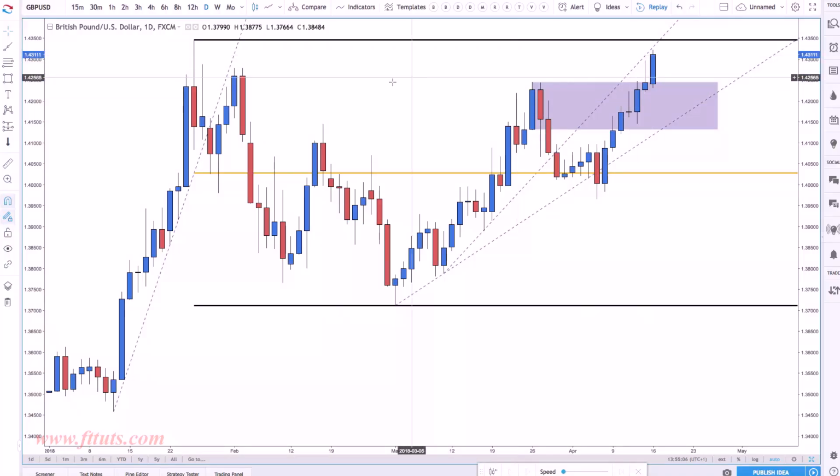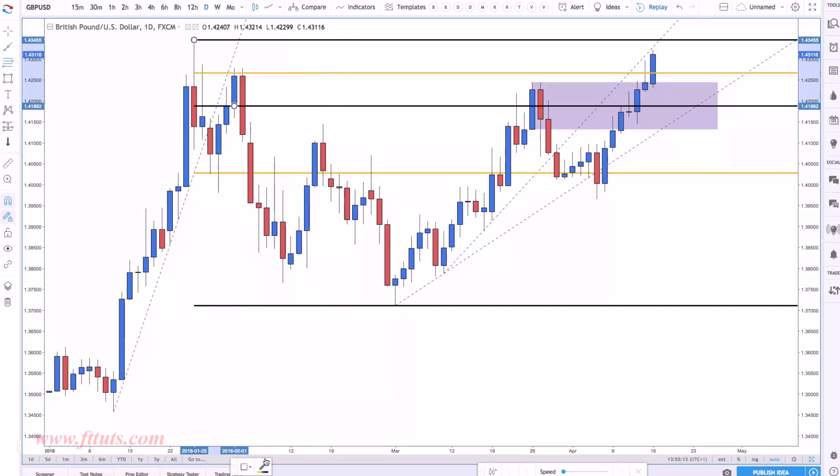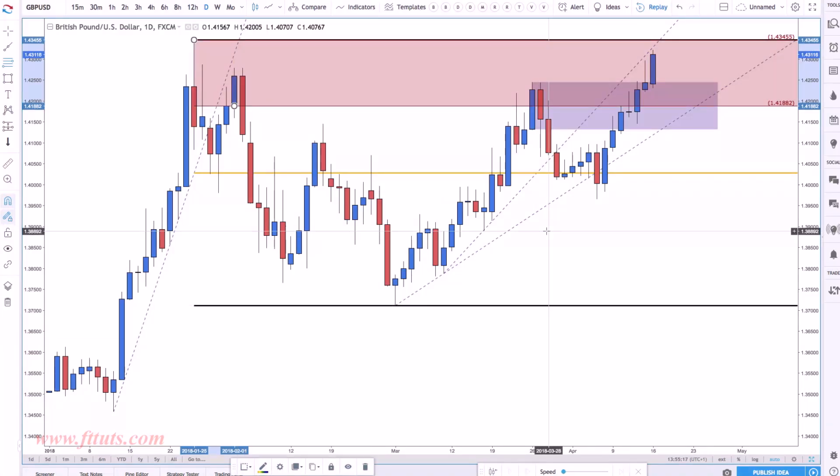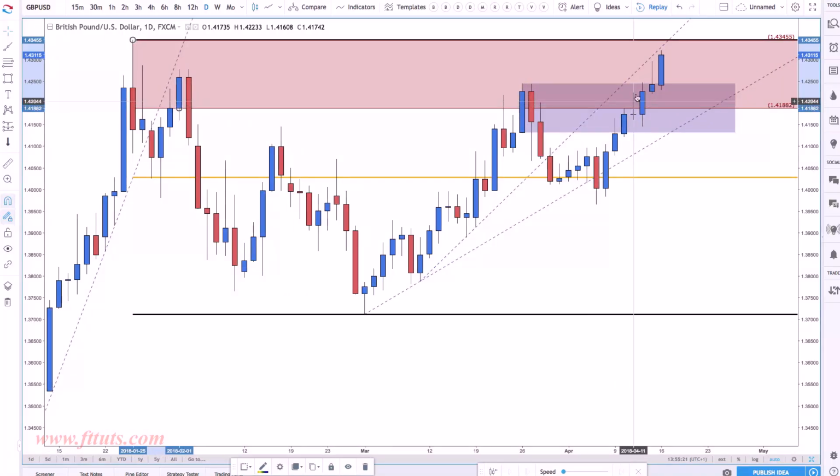Really, if you're trying to get short, this is the high of the immediate range or the overall range, right? So although this was a decent shorting opportunity, and that's not to say that you shouldn't have taken this, right?